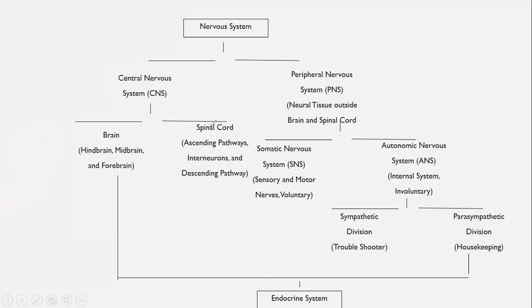So next, the other important one is spinal cord. Spinal cord also has its own command over the body. Ascending pathways means how spinal cord is connected to brain, interneurons, how the neurons are connected.